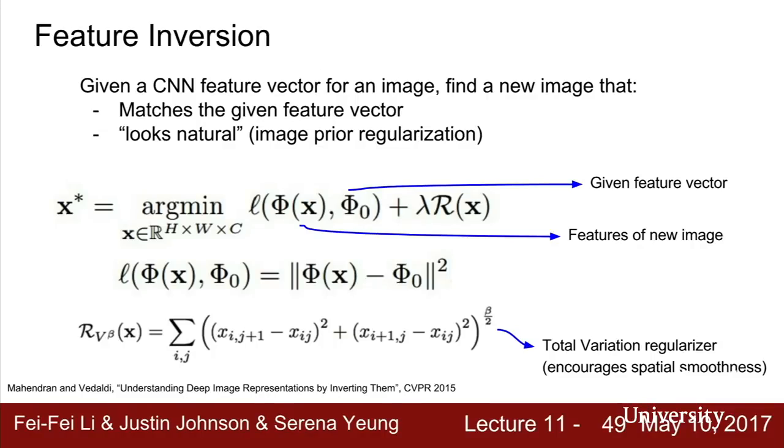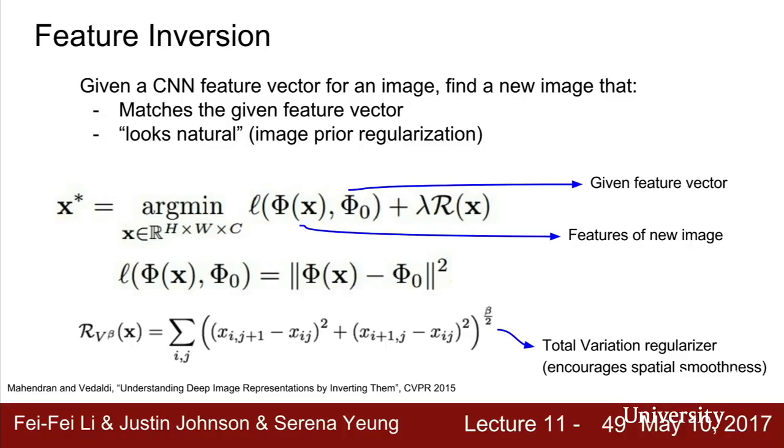So another kind of useful thing that we can do is this concept of feature inversion. So this again gives us a sense for what types of elements of the image are captured at different layers of the network. So what we're going to do now is we're going to take an image, run that image through the network, record the feature value for that image, and now we're going to try to reconstruct that image from its feature representation.